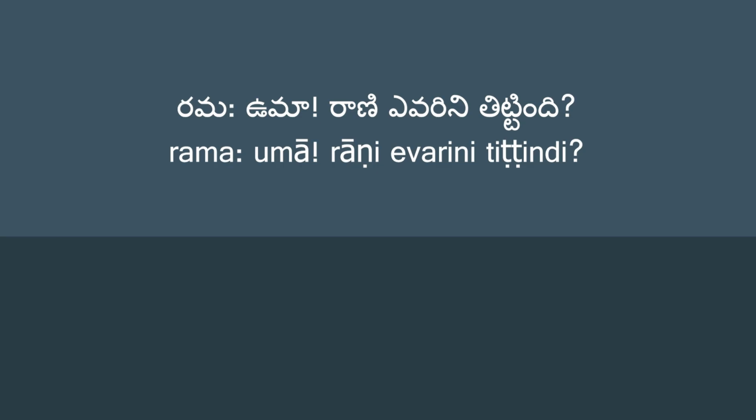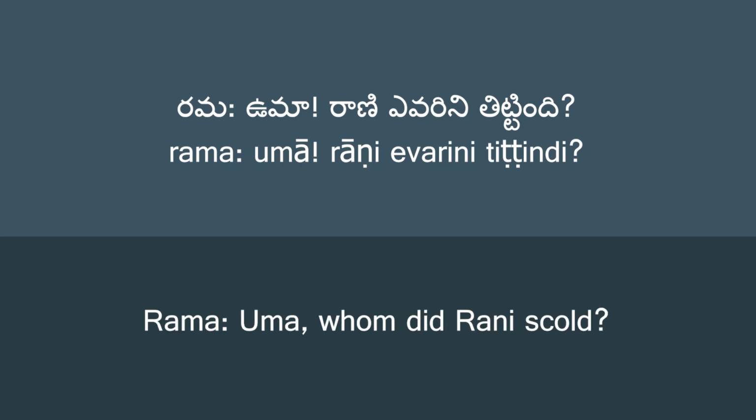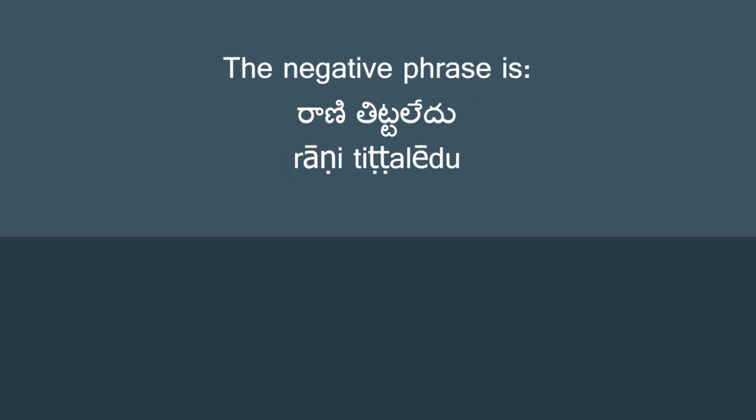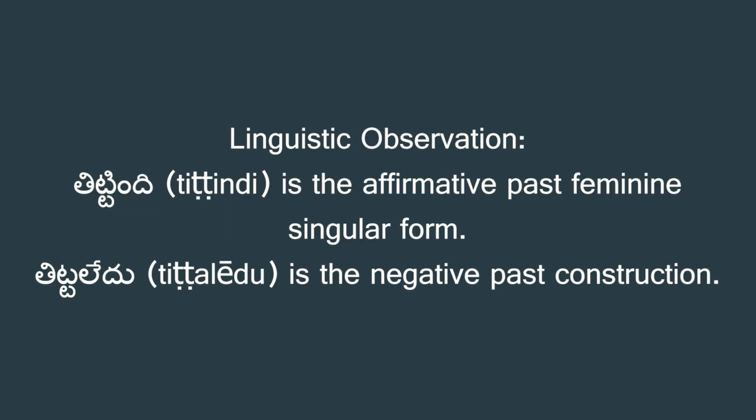Uma, Rani evarini tittindi? Uma, whom did Rani scold? Rani Rajunu tittindi. Rani scolded Raju. Negative form is Rani tittaledu, which means Rani did not scold. Linguistic observation: tittindi is the affirmative past feminine singular form. Tittaledu is the negative past construction.